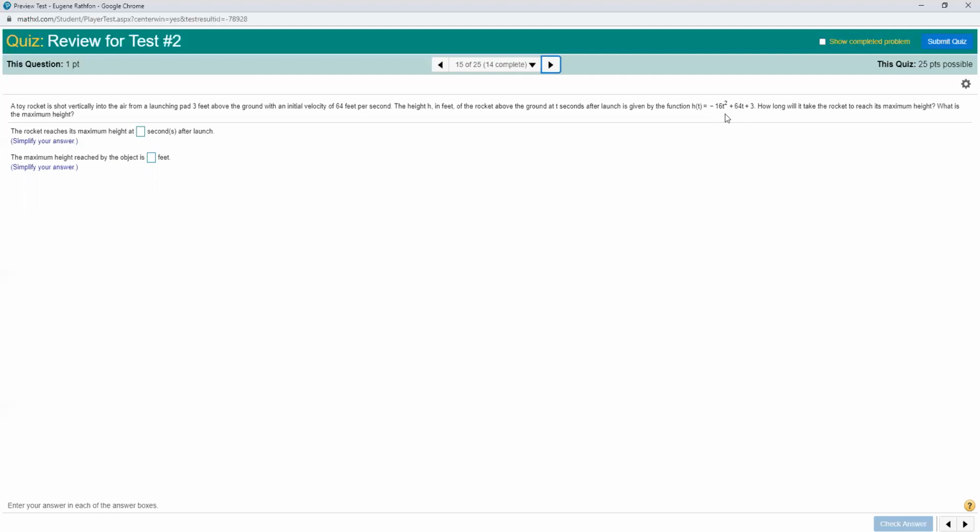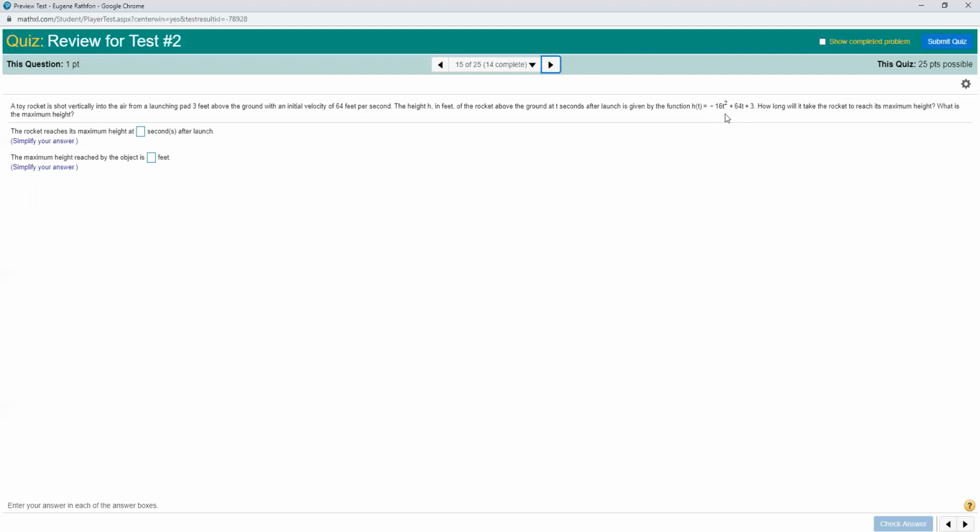So they got that from the height of the pad was 3 feet above the ground. It started out at 64 feet per second, and then negative 16t squared is the gravity pull. So how long will it take it to reach the maximum height, which is my t, which will be like my x, and then the maximum height will be the y value.